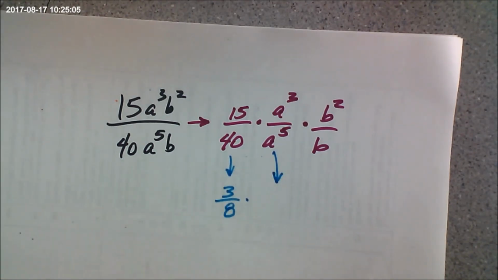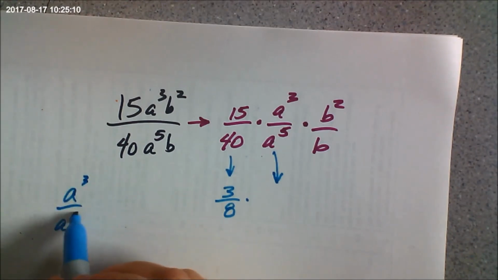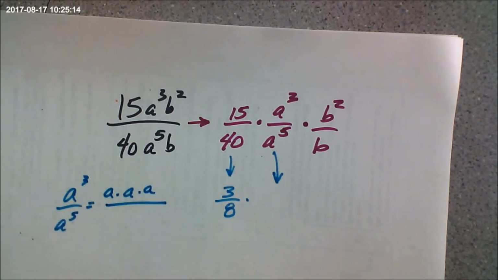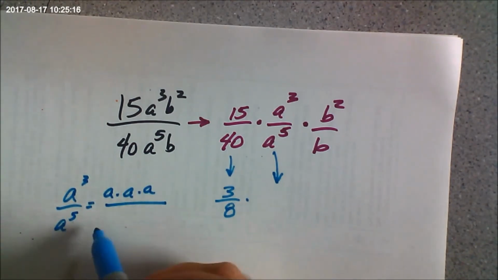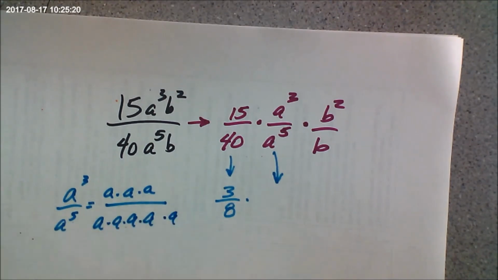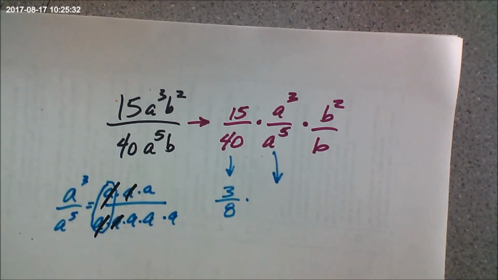Check this out. Tell me if you agree with this. So far, so good? Hey, what's a divided by a? 1. Okay. So that's 1. And this makes 1, right? And this makes 1.